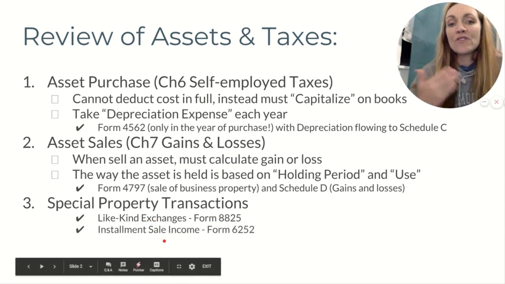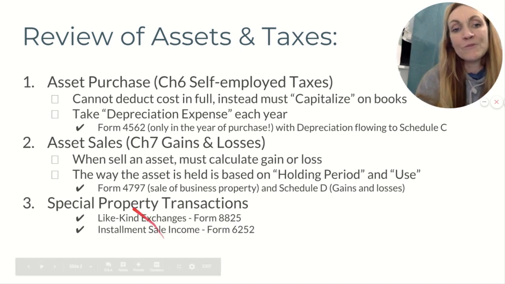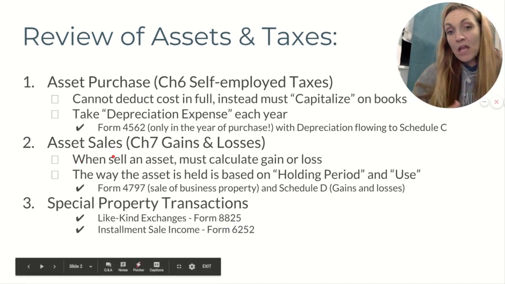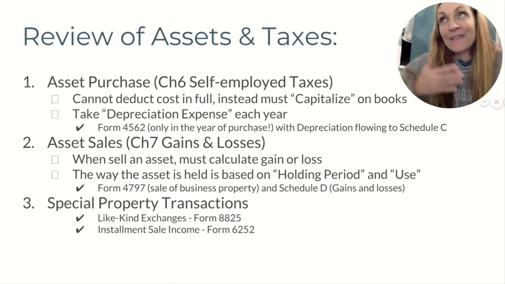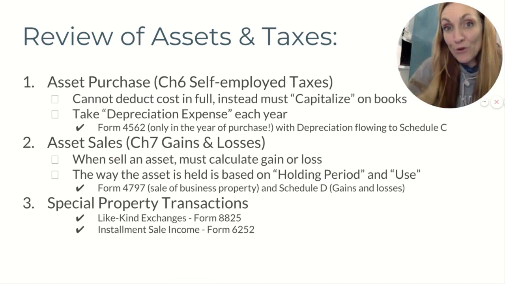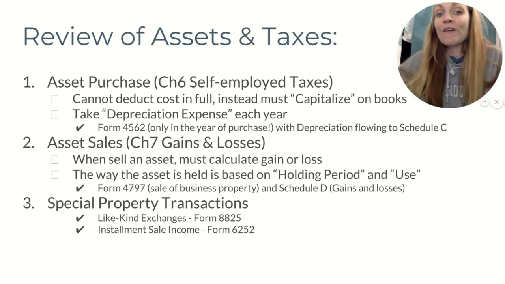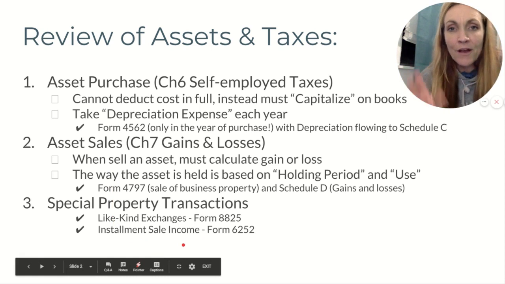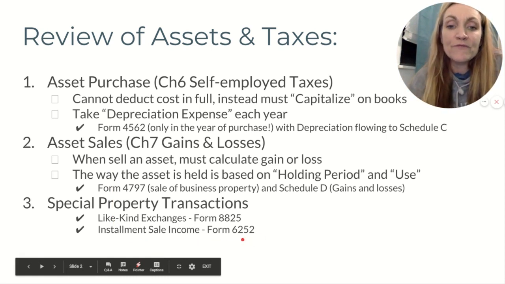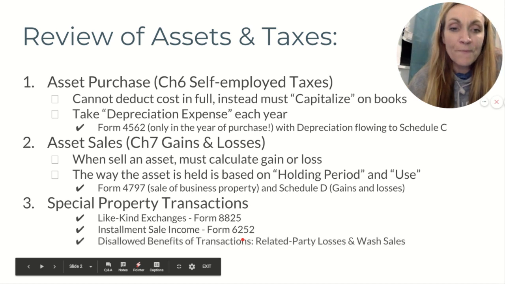And then we have installment sale income. So often if someone sells an asset, then they'll be paid for it maybe in more than a year. So they may get multiple payments over more than a year, and that becomes an installment sale; the installment sale method can be used, which is reported on Form 6252.